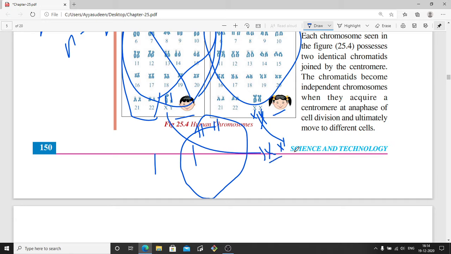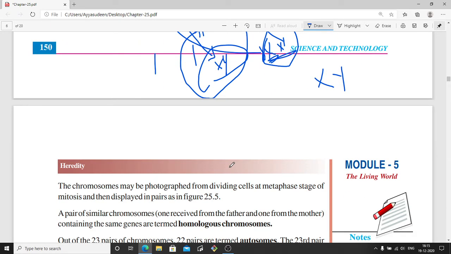So now if it is XX, then the baby will be female. If the baby has to be male, then the pair should be X and Y. So if the father, during the formation of the new gamete, gives Y, and from the mother X comes, then the new baby will be male. So this is how whether the baby will be male or female is determined.